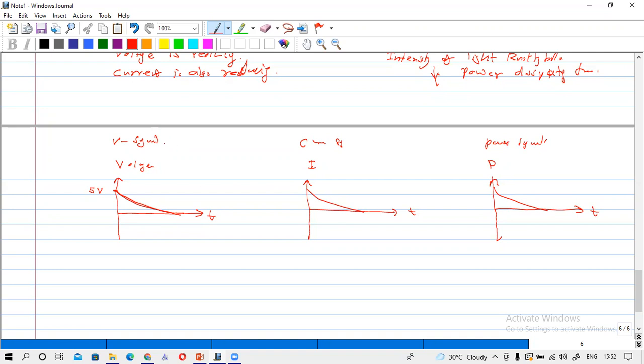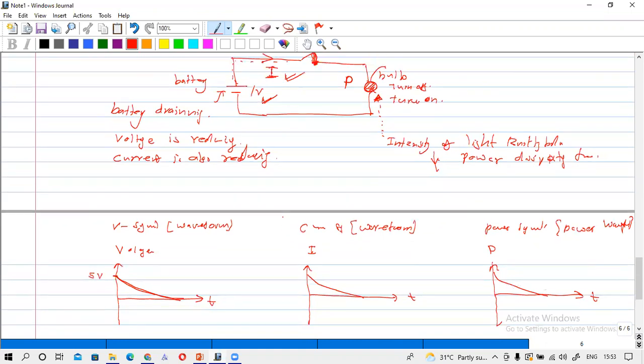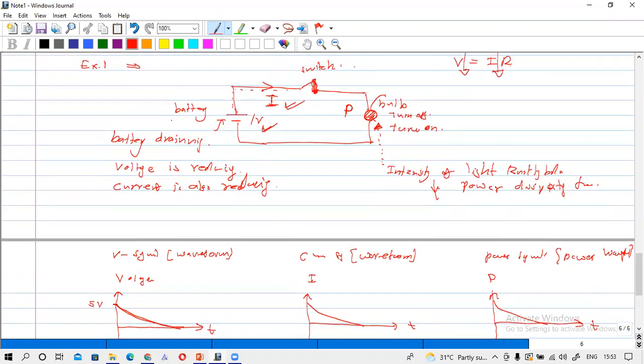In other words, this is a waveform for voltage, this is a current waveform, and this is the power waveform. So you can see that using the voltage signal, current signal or power signal, we can analyze this circuit completely, no?